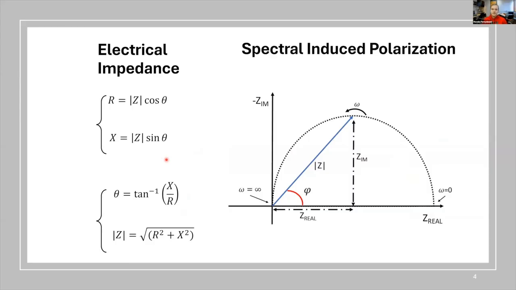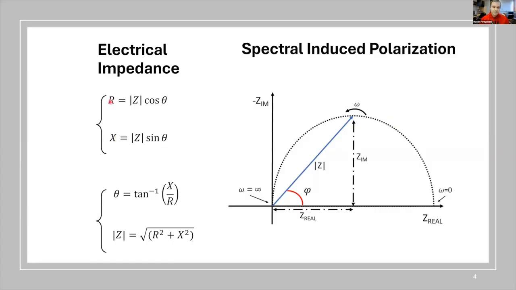To introduce and know more about the properties of a combination of resistors and capacitors, we have the definition of electrical impedance. By electrical impedance, we can introduce the real part, which behaves like a resistor, and the imaginary part, which behaves like a reactance or capacitor.